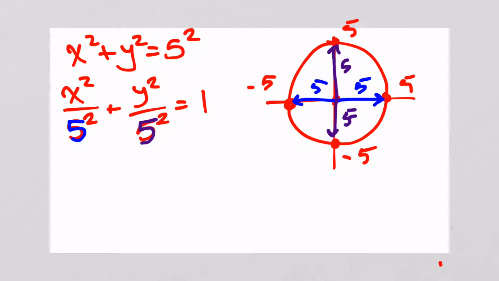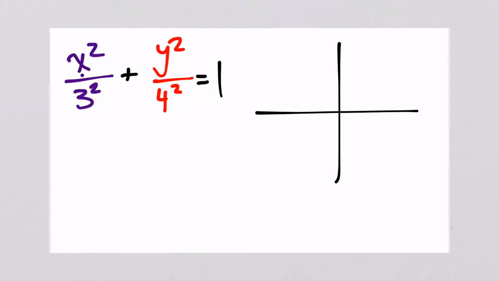So imagine I had an equation that was similar to this, except they weren't both 5 squareds underneath. Maybe they're different values. So what if my equation said this, x squared divided by 3 squared? Well, first off, notice my center is at the origin because I don't have anything added or subtracted from x or y, just like a circle.